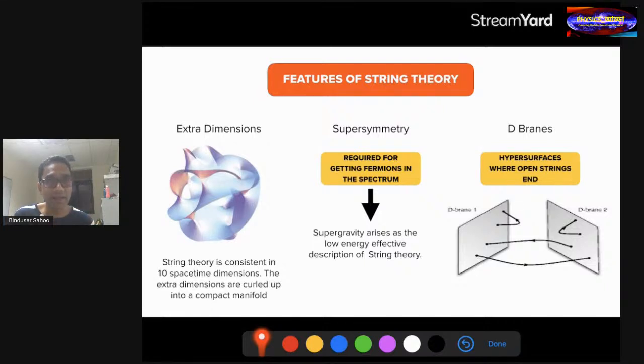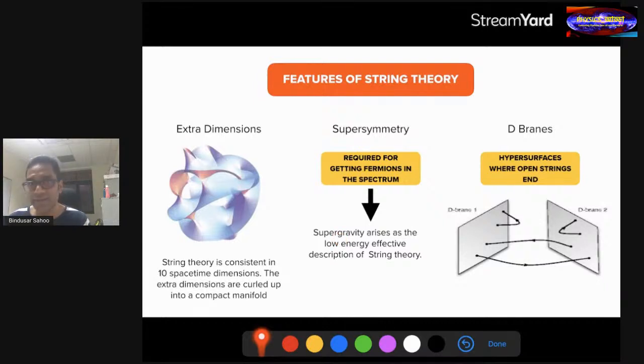There are other highly massive particles in string theory, but because they are very massive, they are only relevant at higher energy scales. At lower energy scales, these highly massive particles don't play a role, and whatever particles play a role at low energy combine together with gravity because of the supersymmetry, giving you a supergravity theory.